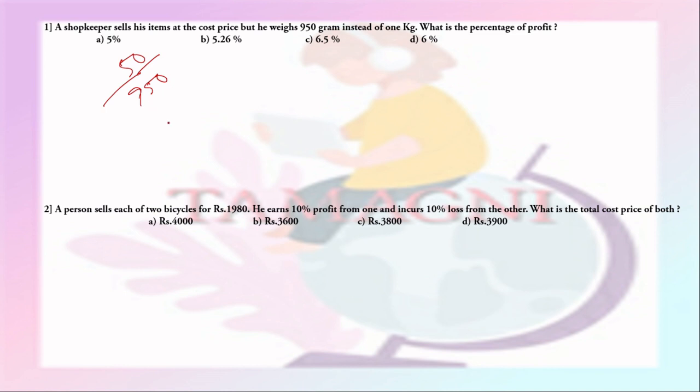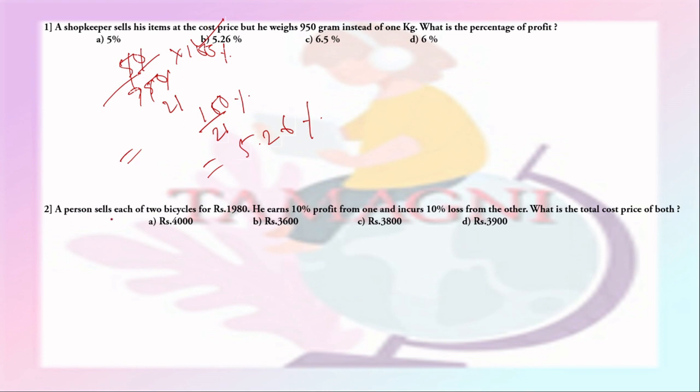So the percentage of profit will be 50 by 950 into 100%, which on cancelling gives 100 by 19, which is equivalent to 5.26%. So option B is the right answer.